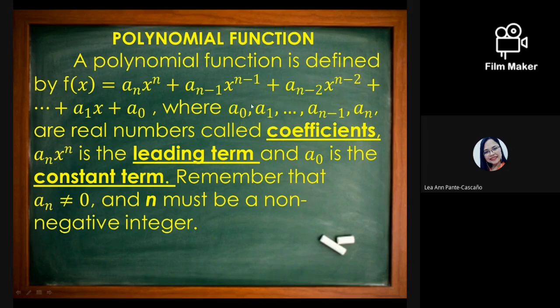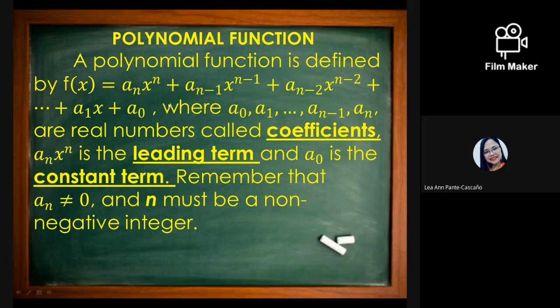So those terms daw po na meron po na itong a sub 0, ito po mga nandito, that is the coefficients. A sub n, x raised to n is also called na, this is now a leading term.